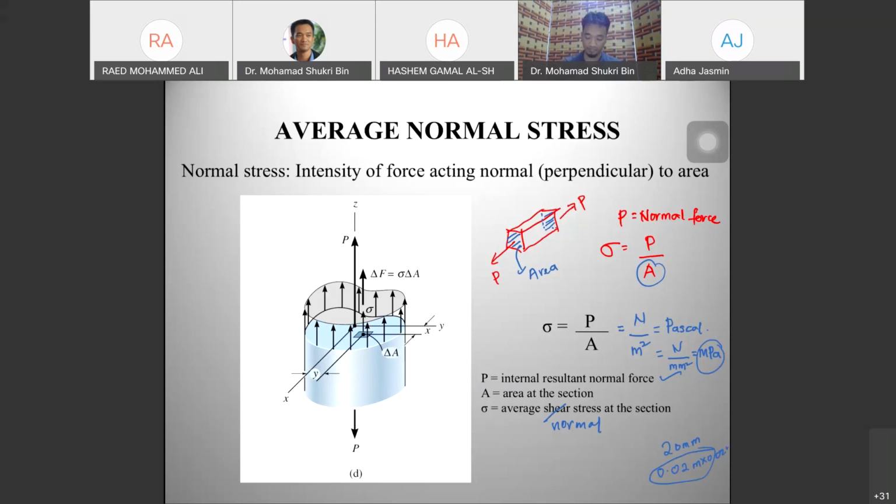You can prove it because 1 mm is equal to 0.001 meter. So squared becomes 10 to the power of minus 6. So this is megapascal.